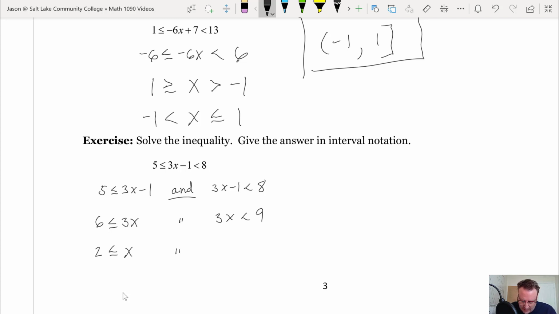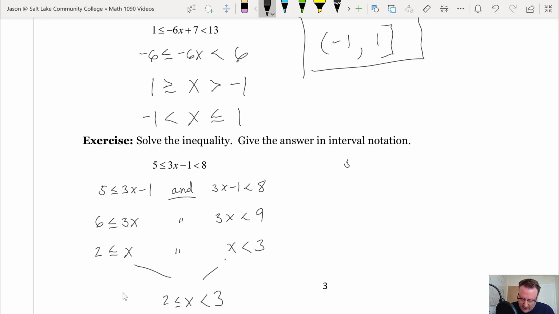And divide both sides by positive 3, I end up with x is less than 3. So, what do I know? I know x is less than 3, and x is greater than or equal to 2. Now I can combine these two together, and I get 2 is less than or equal to x is less than 3. Okay?